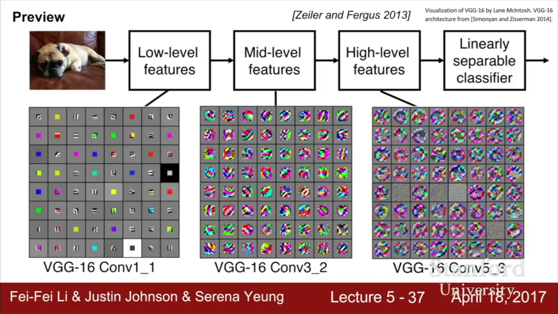And then at higher levels, you're going to get things that are starting to more resemble concepts. We'll go into more detail later in the class on how you can actually visualize all these features and try to interpret what kinds of features your network is learning. But the important thing for now is just to understand that what these features end up being when you have a whole stack of these is these types of simple to more complex features.